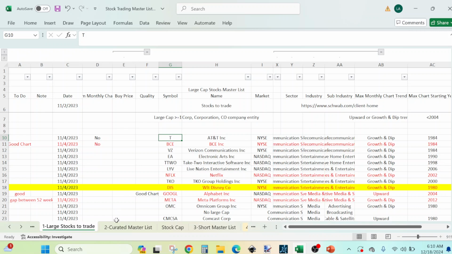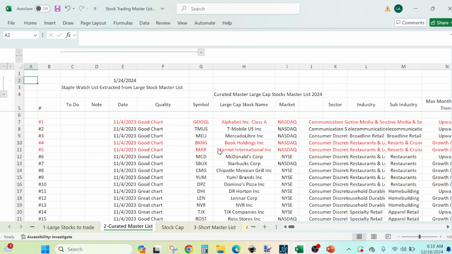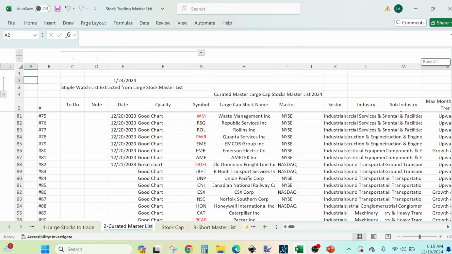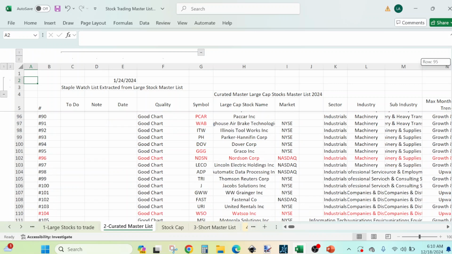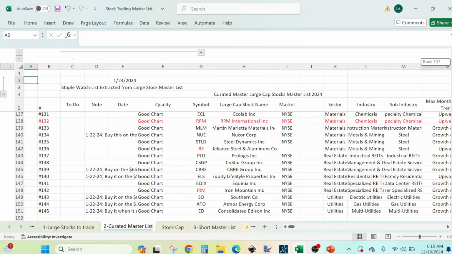But then, based on our swing trading strategy, we judge some of them no, and then we pull out the ones that we think are good, that we can use our swing trading strategy on, and we have maybe 150 of them. Yeah, 150 of them, but then 145 of them.